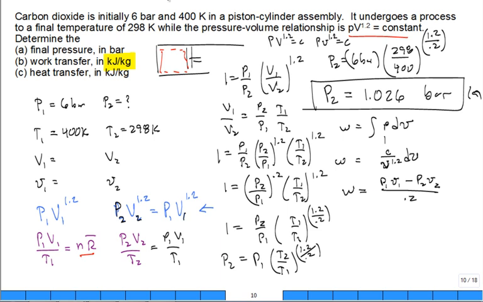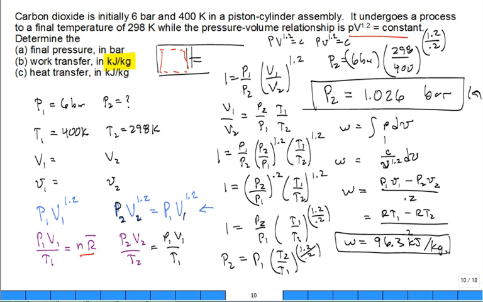Can I replace that PV by RT1 and RT2? You sure can. And then you get that the specific work is 96.3 kilojoules per kilogram. Yes, I want you to work through the algebra and the calculus on that.